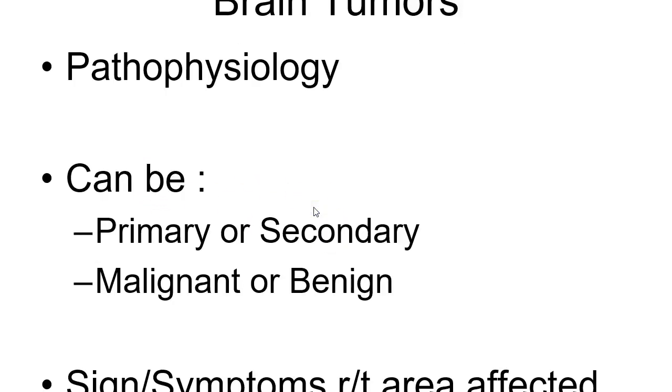The last two things on this video we're going to talk about are brain tumors and spinal cord tumors. You are not going to be responsible for saying, oh, this particular type of tumor is malignant, this one is benign.